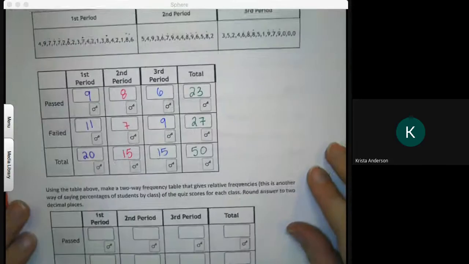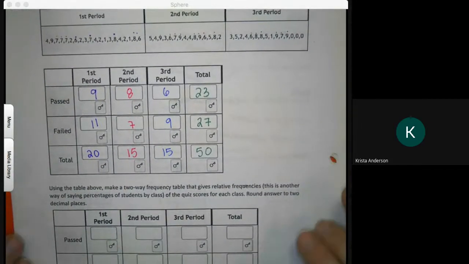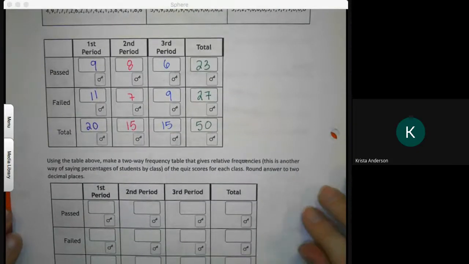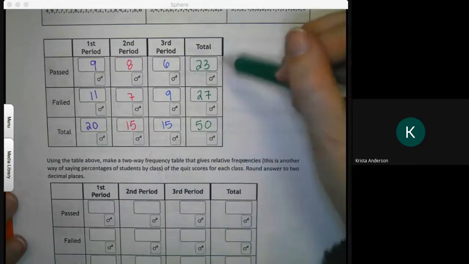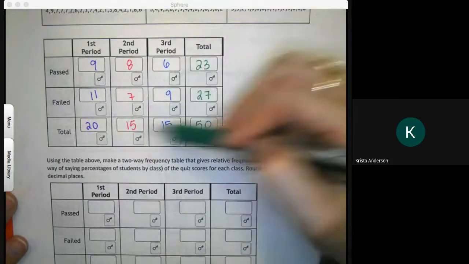Now that I have my table filled in for all the students that I've tested, I'm going to now create the relative frequency. I'm going to take this table and divide every number by my overall total 50.